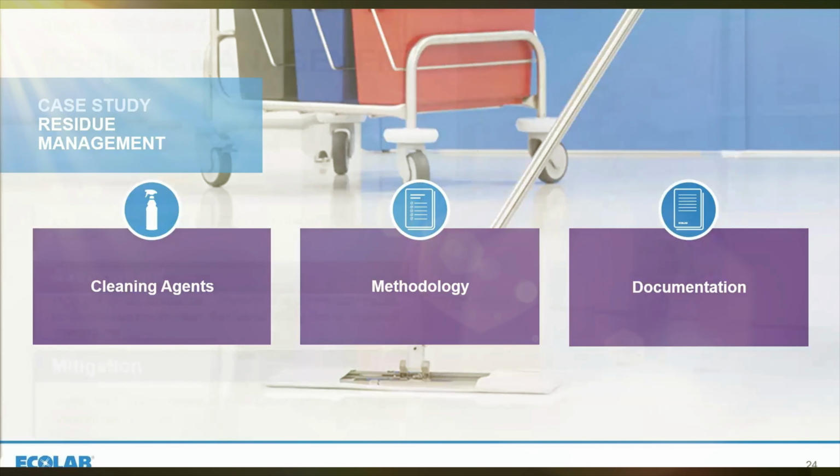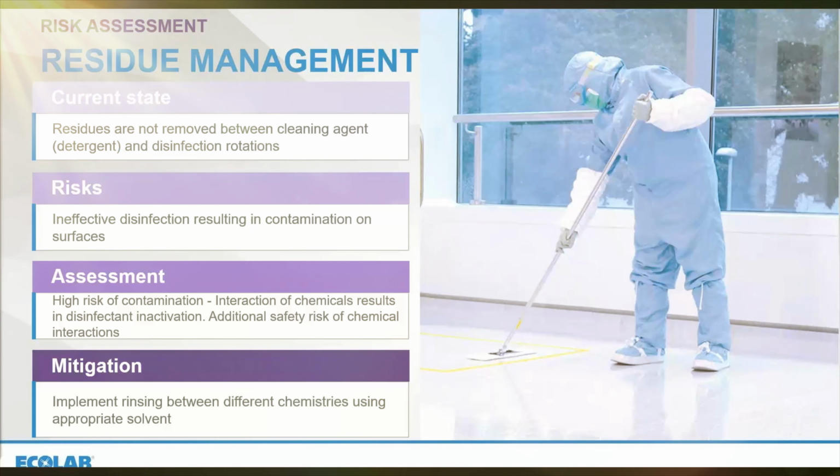So when we look at the case study, the area that we identified for residue management was that the current state around the removal of residues was that there wasn't actually a residue step being performed during the rotations.